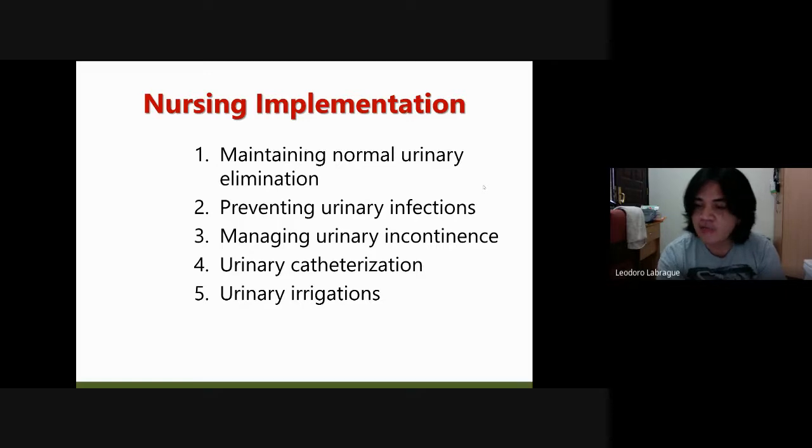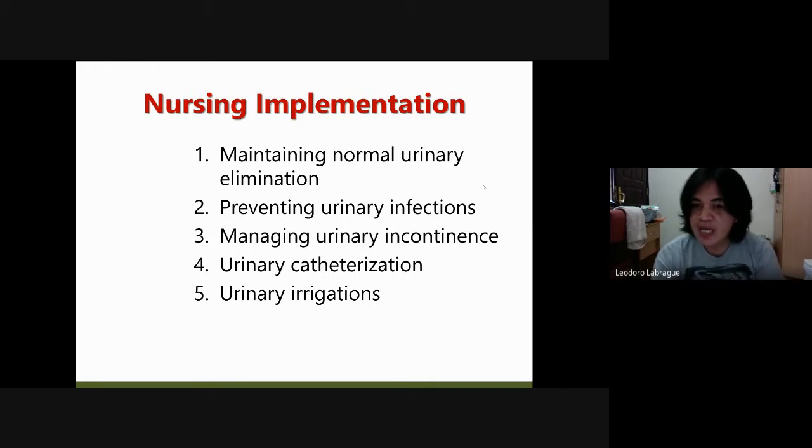Now, these are the different nursing interventions we perform if the patient has a urinary problem. First, as much as possible, we want to maintain normal urinary elimination. Number two, very important, prevent urinary infection.